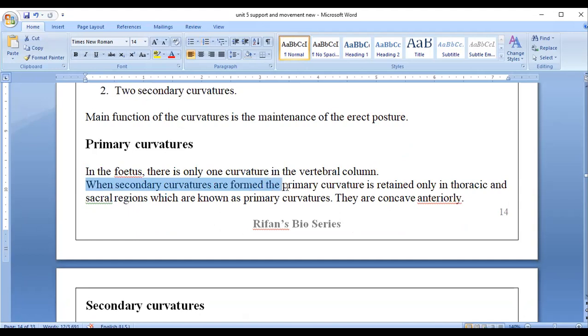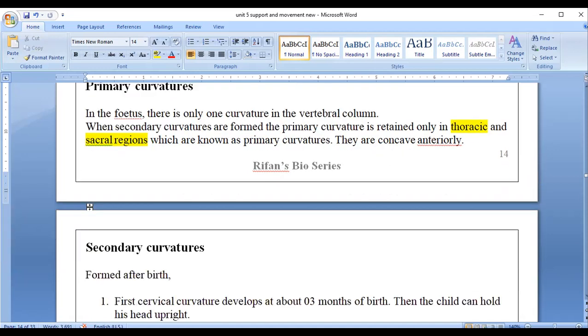Secondary curves are created after the child is born, correct? Yes, sir. After secondary curves are created, primary curves will remain only in 2 regions: the thoracic region and the sacral region. That's why we call them primary curves, and they are anteriorly concave.